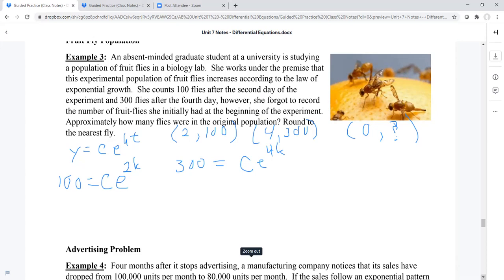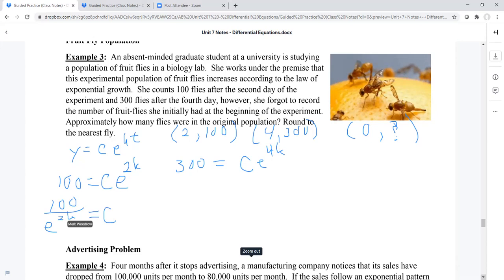So I have two variables with two equations. So I need to solve one of these for C. I'm going to use substitution method. So I'm going to take this one over here and say that C is going to equal 100 over e to the 2k power.